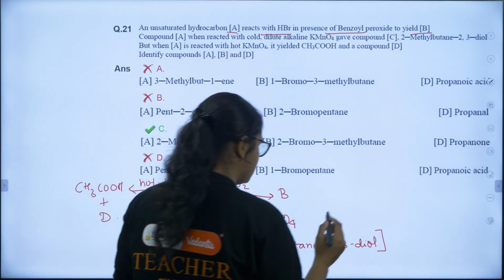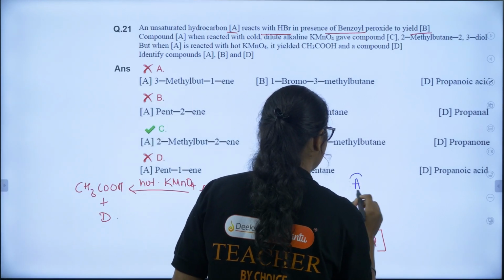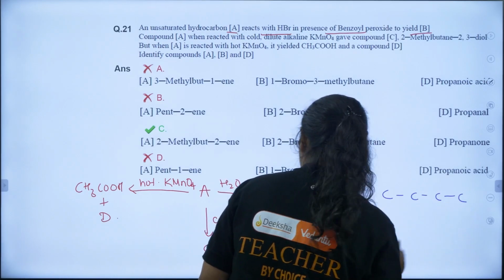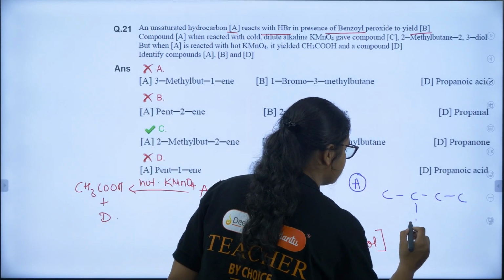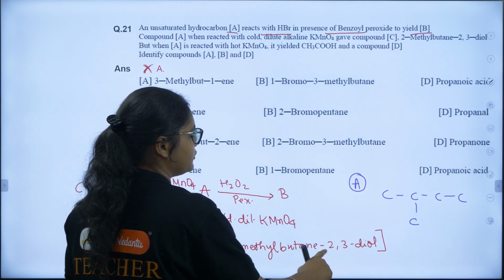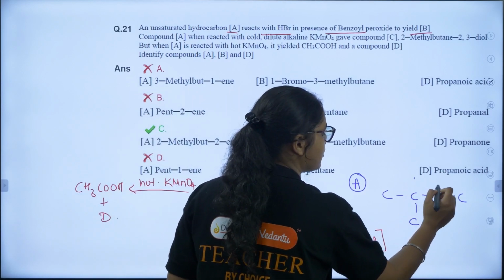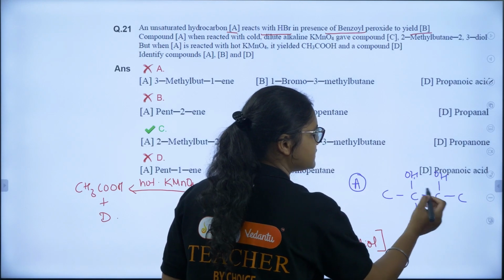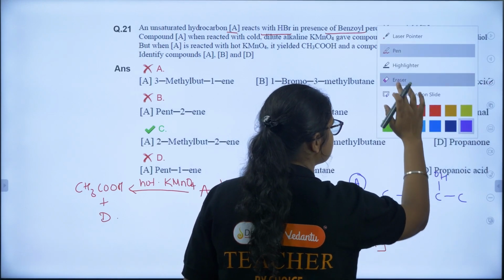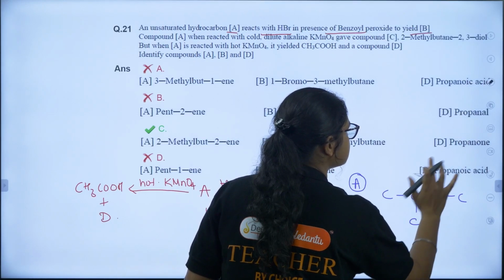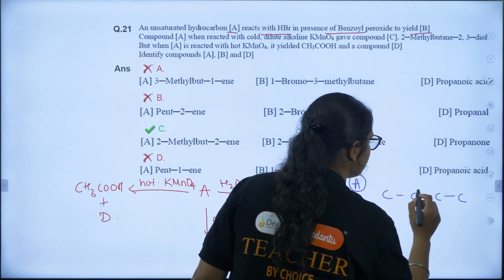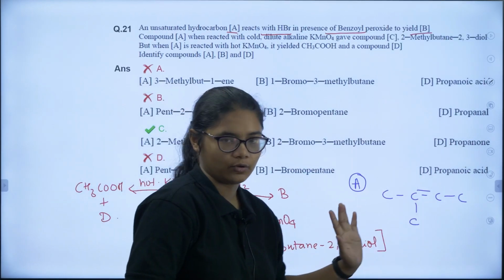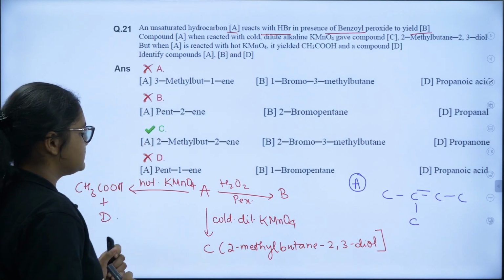Here and here the OH came, so this OH was not present, and in place of that a double bond was present. So we replace it with the double bond. Now after this we got A.